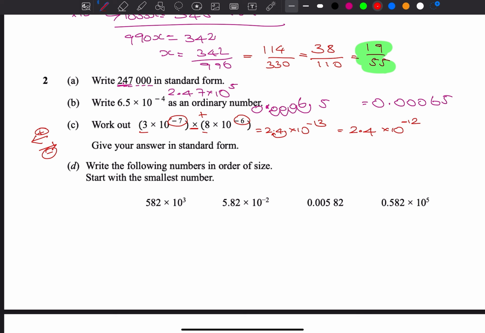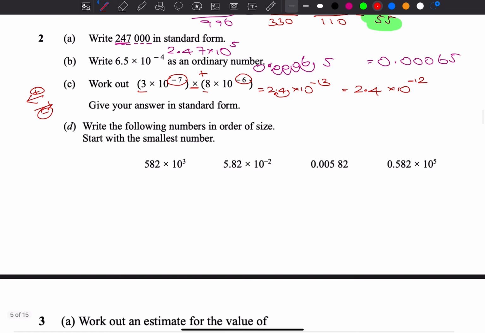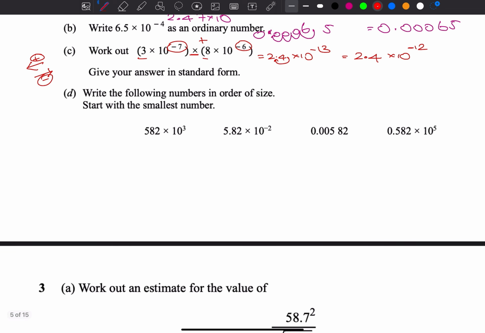Which is the smallest number? Okay, we will put the numbers down on this. So 582, and then 10 to the power 3 means 3 zeros behind it. You move the decimal places 2 to the left, 0.0582, 0.00582. So there's 2 gaps, so 2 zeros, so 582, and then 2 zeros.